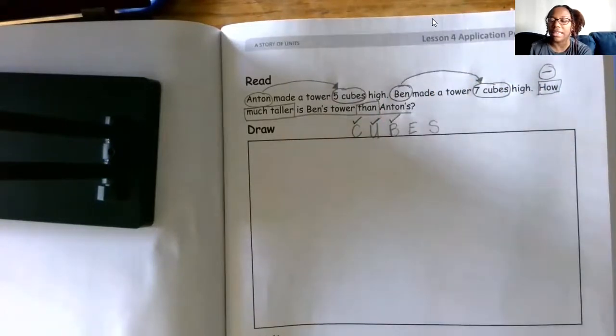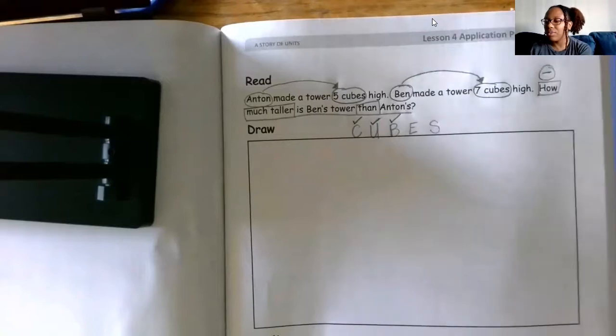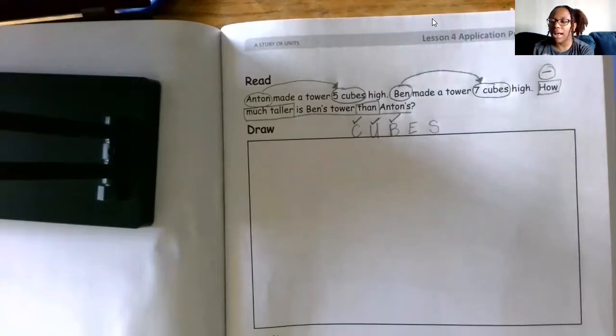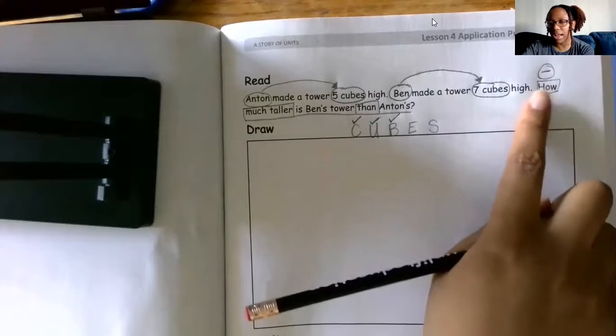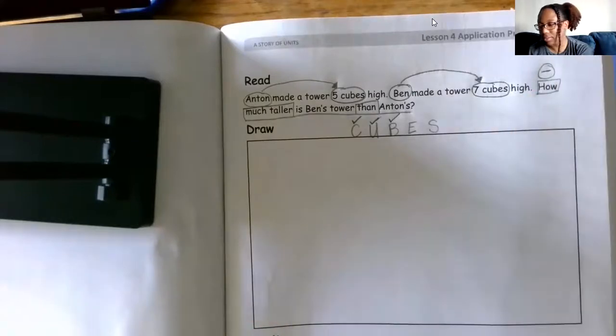Now I want to evaluate. So I'm going to ask myself, what do I know? I know my label. I know how tall both towers are. I also know that I'm going to subtract.